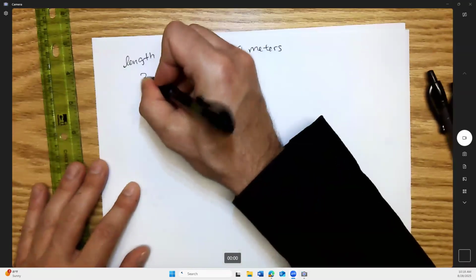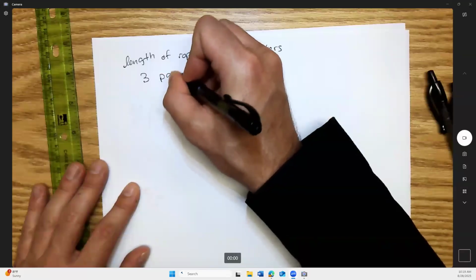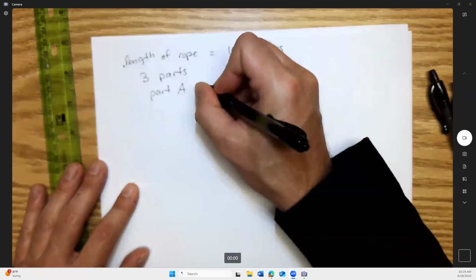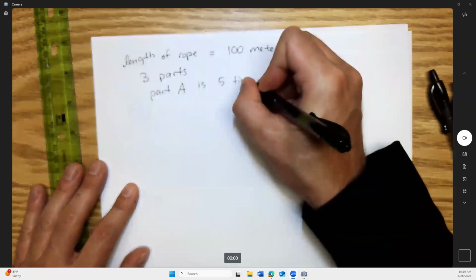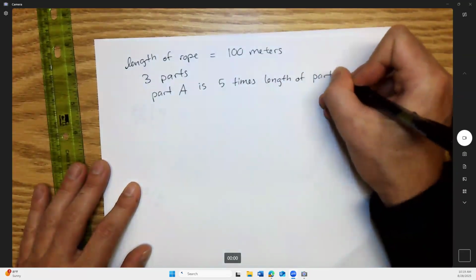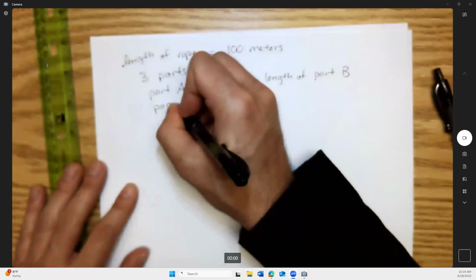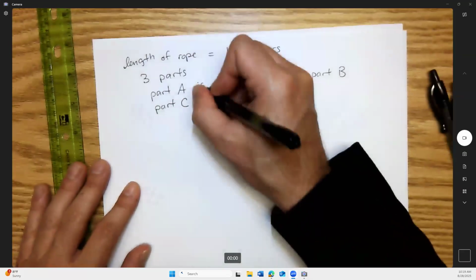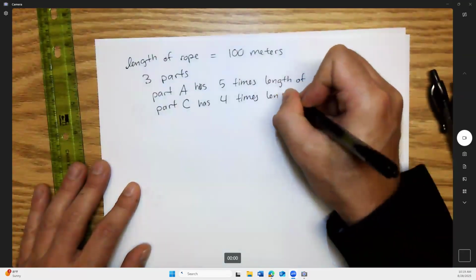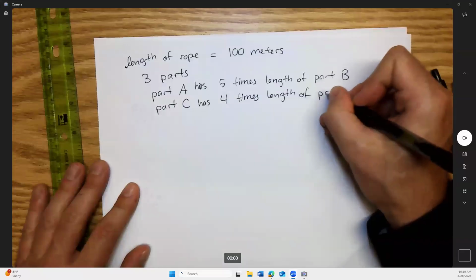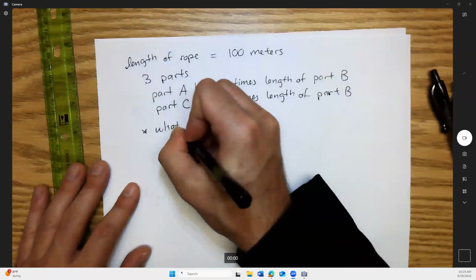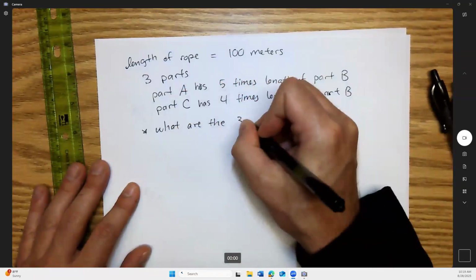So part A is 5 times the length of part B, and part C has 4 times the length of part B. So, what are the 3 lengths?